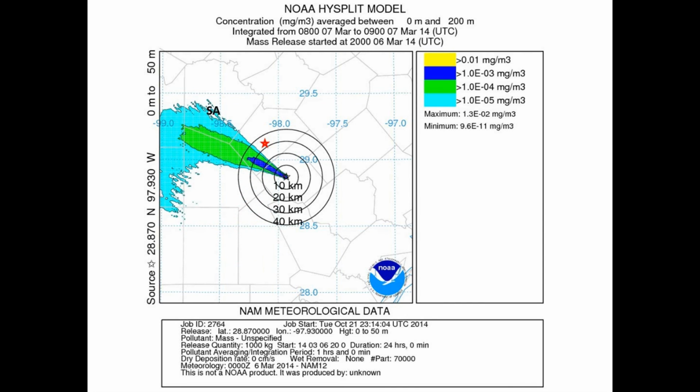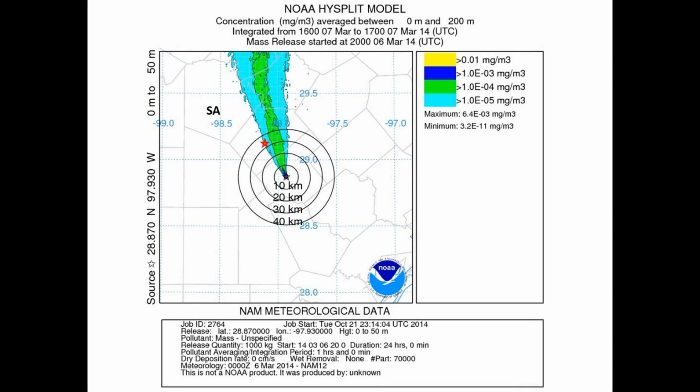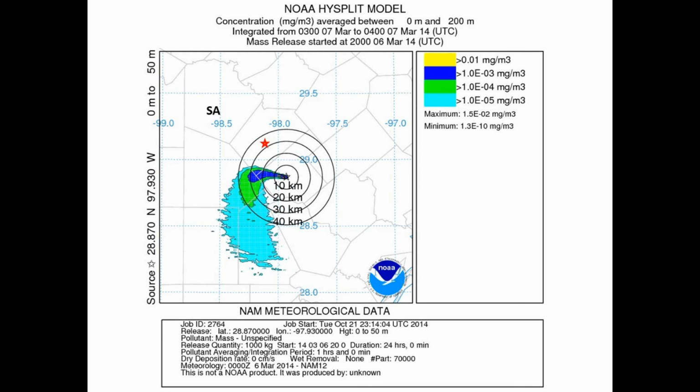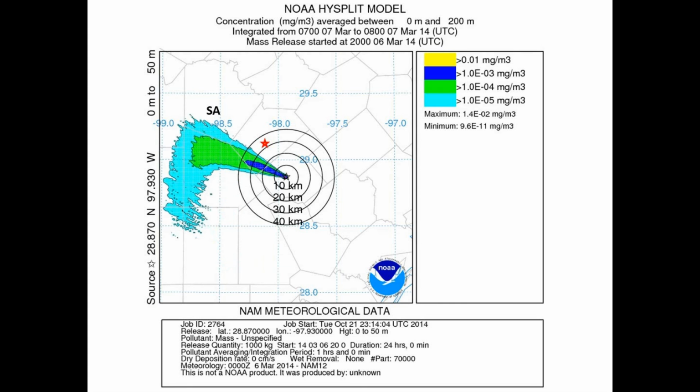What I'm trying to say by that is the concentrations you see here are averaged over a much larger area. So if you are close to the release source, they may have been another 1 or 2 orders of magnitude higher than suggested by this simple analysis. Does that help? Yeah.